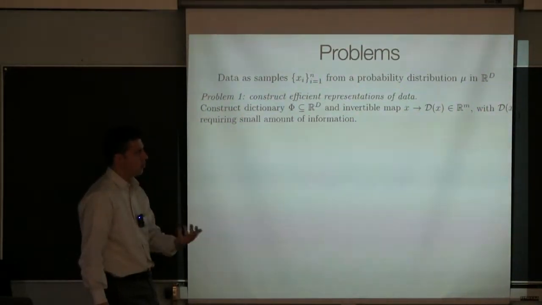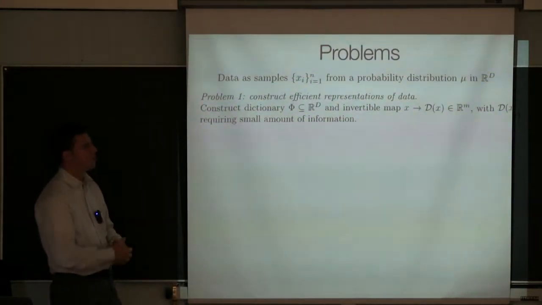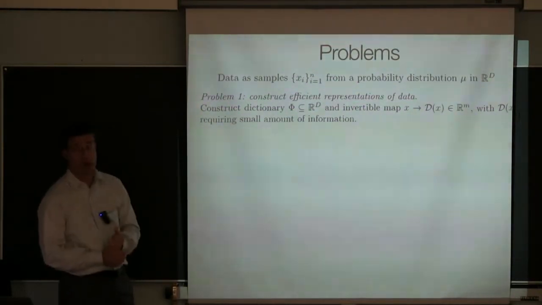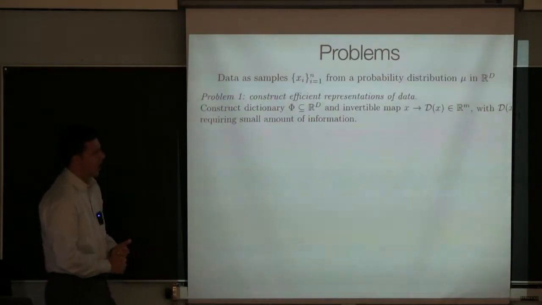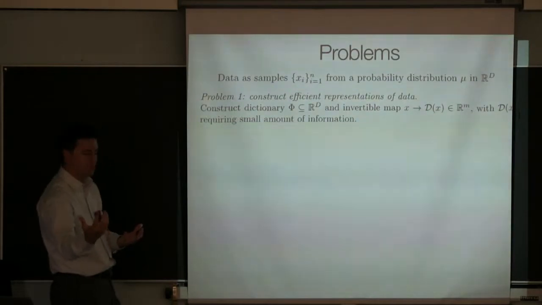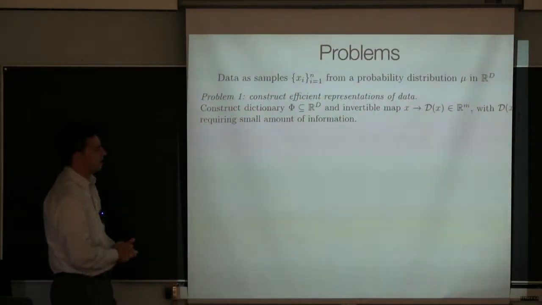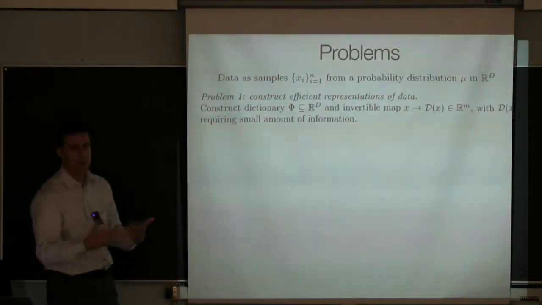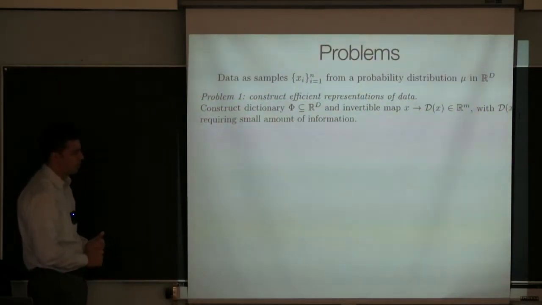So I want to construct a map that takes data x and gives you some encoding of that data in a lower dimensional space, R^m. I'd like to have m much smaller than capital D. And so the data comes in, it gets encoded in some way, and I would like this encoding map to have an inverse, so that ideally, if I encode and then decode, I get back my original point, or a good approximation to it.